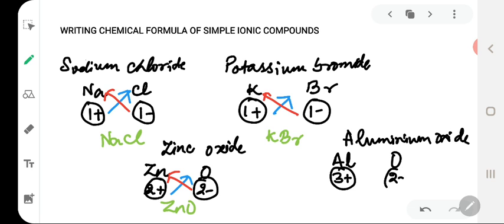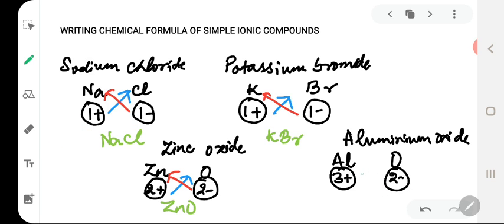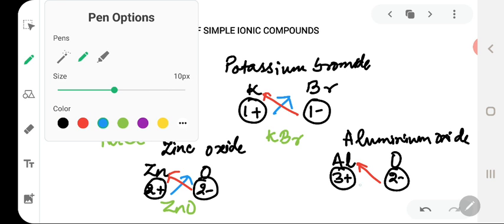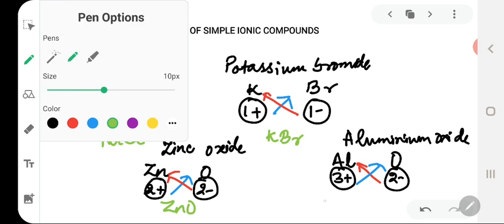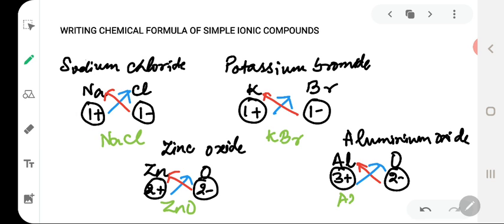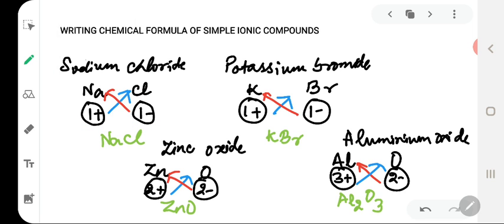Oxygen, it is 2 minus. We shall do the crisscross. So 2 minus comes this side and 3 plus goes this side, and hence the formula becomes Al2O3. So in this manner we can write down the formula for simple ionic compounds.